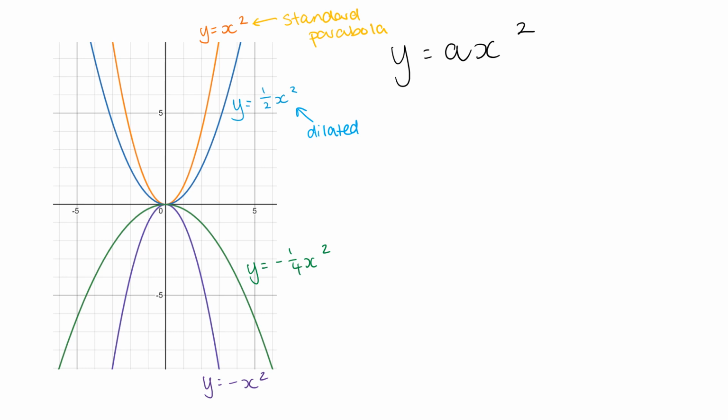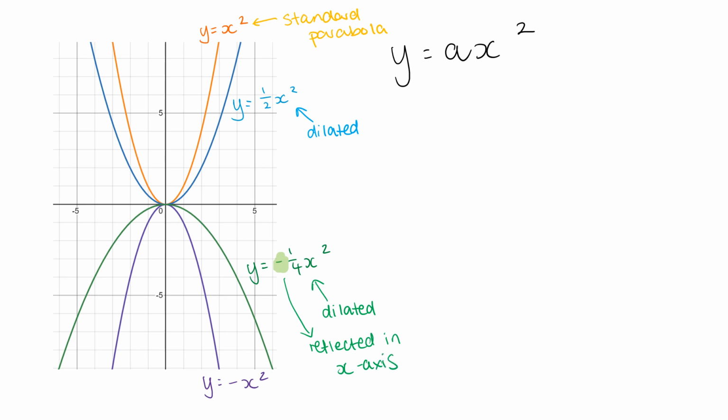Now, these two at the bottom, I've got negative a quarter x squared, has once again been dilated. It's been stretched out and made wider. But this negative out the front has also done something quite interesting. And what it's done is it's reflected that standard parabola we've got, and it's reflected it in the x-axis.